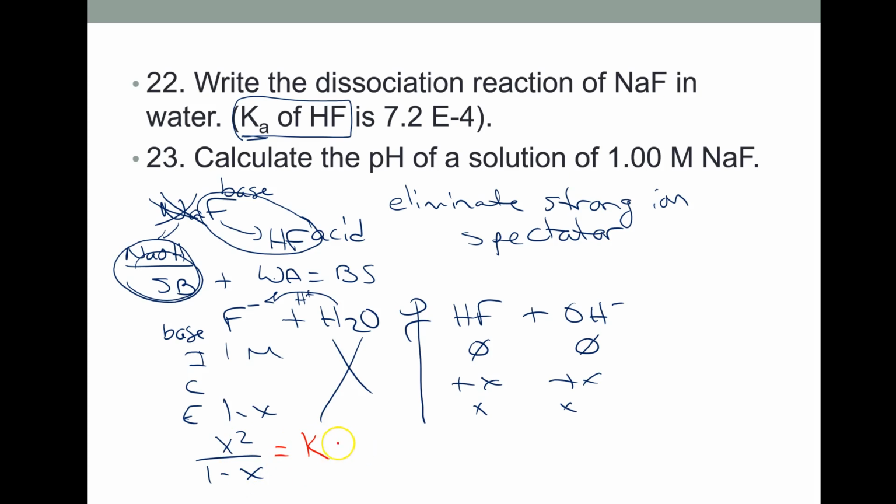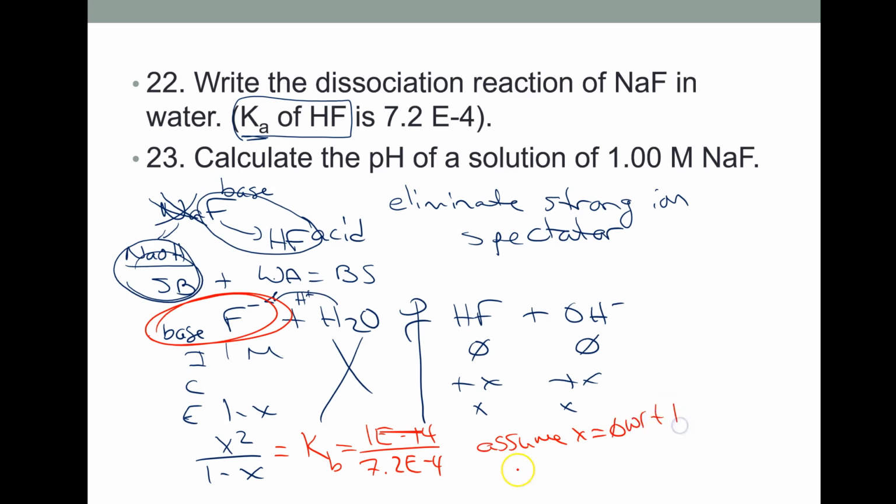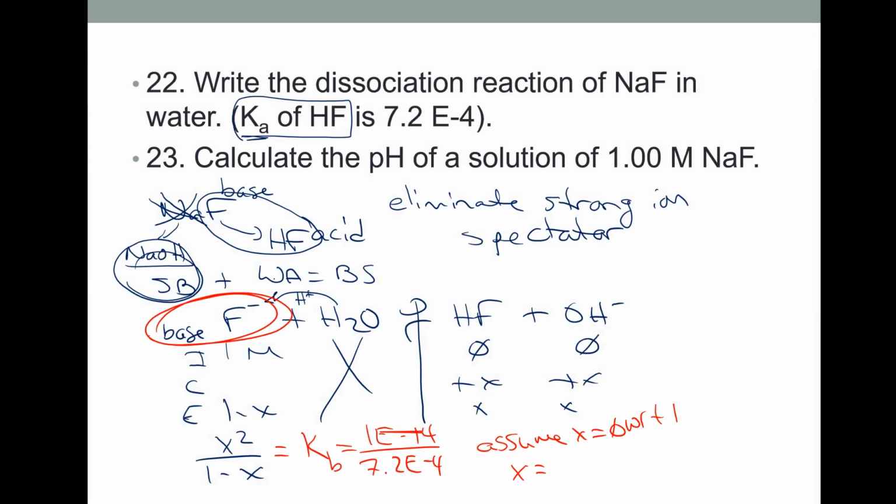But you have to recognize this is a base, which means I need the Kb, which is 1e-14 over 7.2e-4. Do your little assume X equals 0 with respect to 1. Solve for X by cross multiplying and taking a square root.